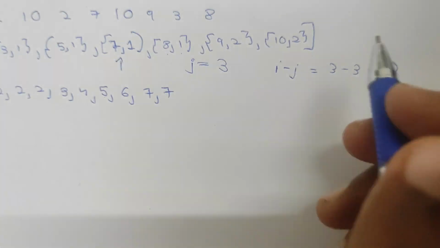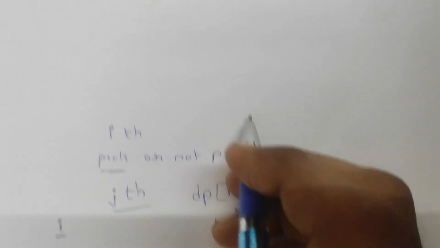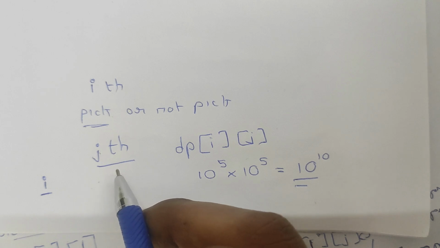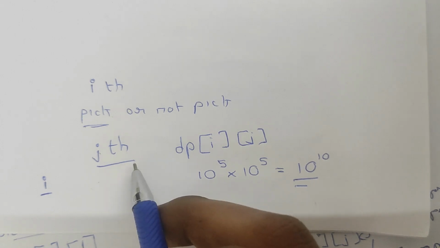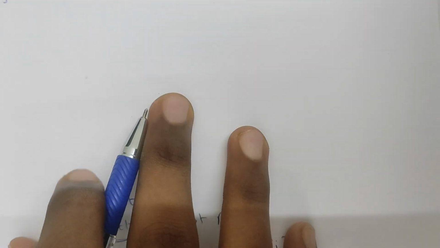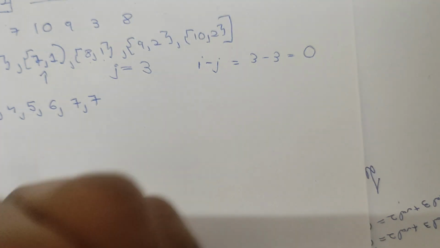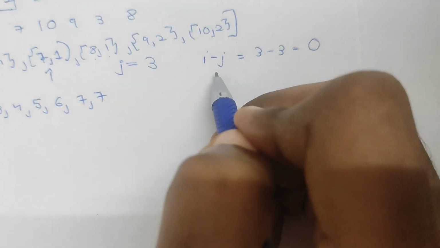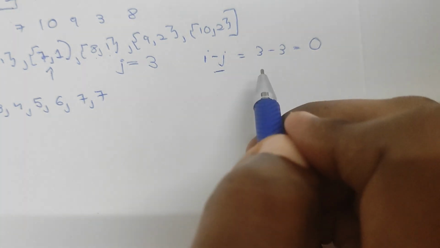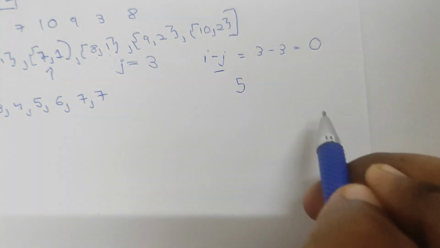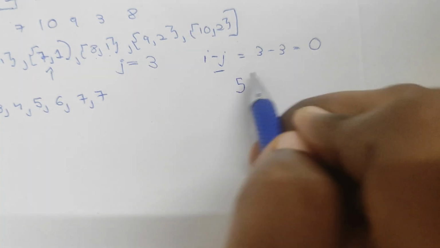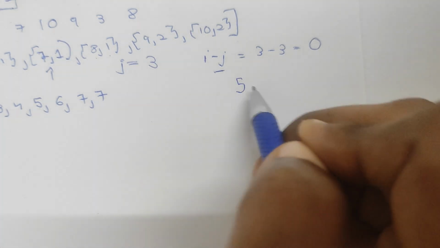Now you may ask, this is almost similar to the previous implementation, where we chose j as the index of the previously chosen value. But actually it is not, because this j can at max go till 5. It won't go above 5, and I will tell you why.